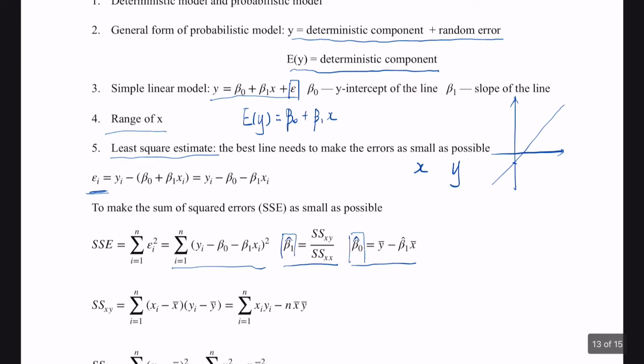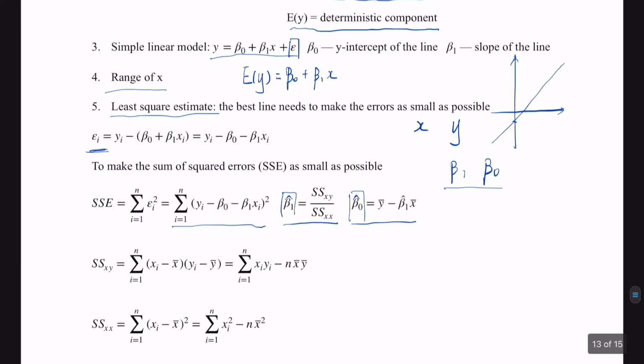Somewhere out there, there is a true beta 1 and there is a true beta 0 for the whole population. However, since we don't have the population, we only have a sample. We don't know the true value of beta 1 and beta 0. Therefore, we can only calculate beta 1 hat and beta 0 hat based on the sample we get. And we use these two values to estimate the true beta 1 and true beta 0.